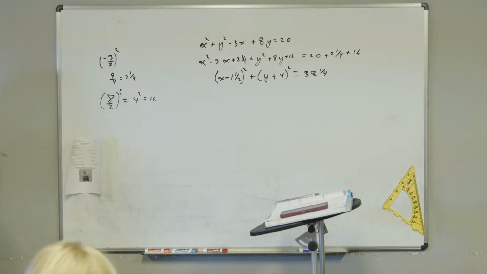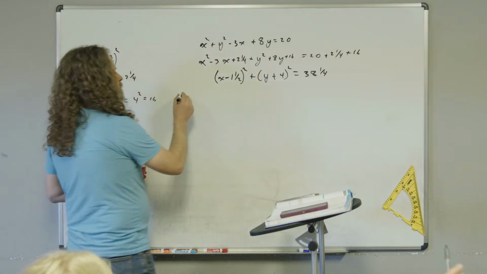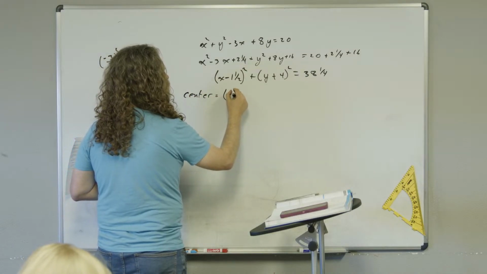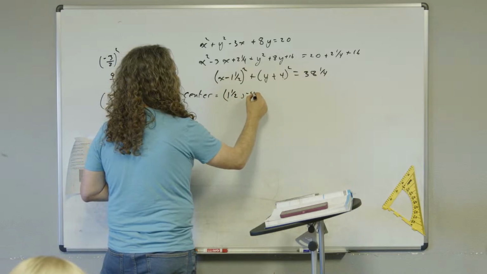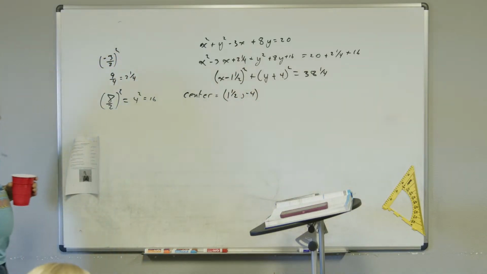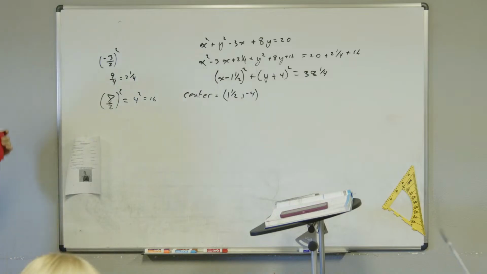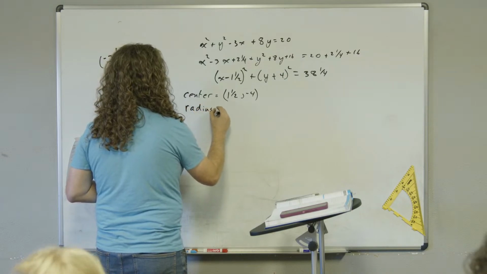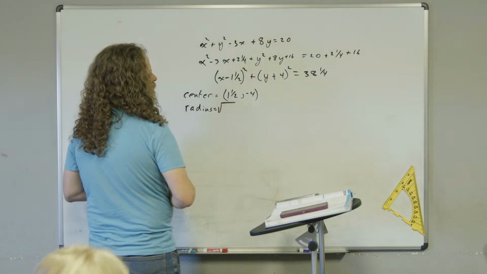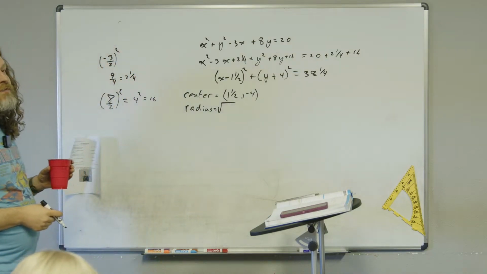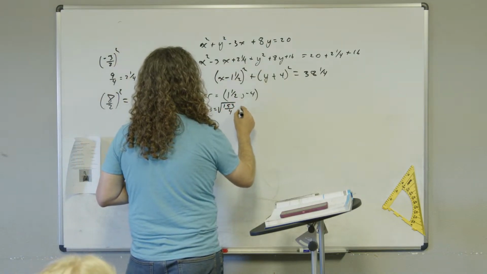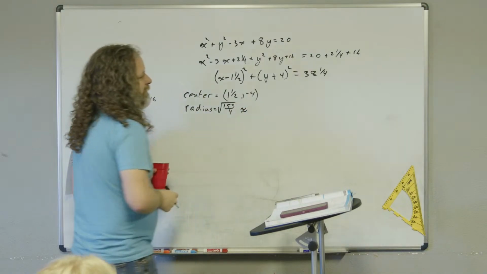Graph it. We need to answer the questions first, right? Find the center. Where's the center? Negative 1. What else? The radius: square root of that. Four times 38 would be 120 plus 32, 152, 153 fourths. So that's whatever that is.